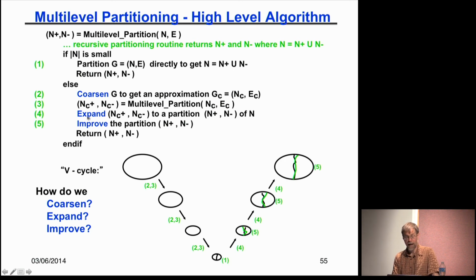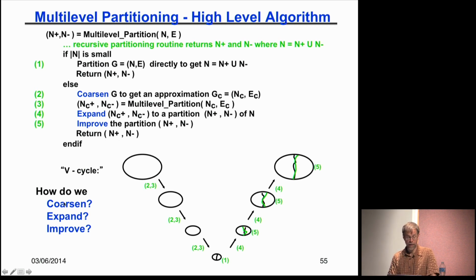Then I need to expand, and how I expand this subset of vertices to a partition of the original set of vertices is going to depend on how I did the coarsening. So these two go together. And then I'm going to iteratively improve things. Kernighan-Lin does iterative improvement in its nature, and Lanczos does as well. And that's what I'm going to improve.